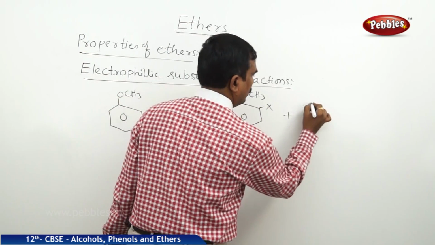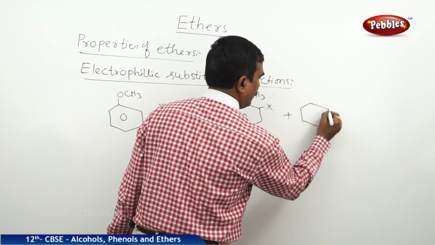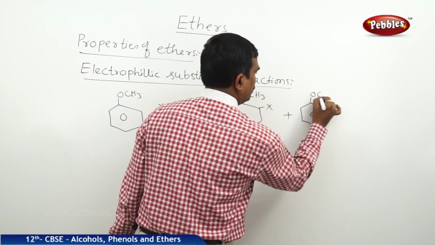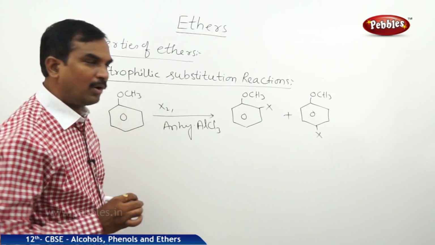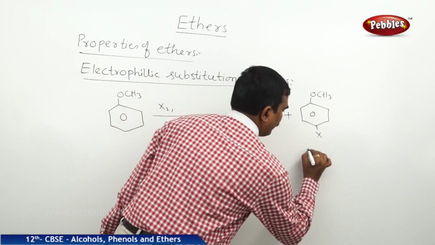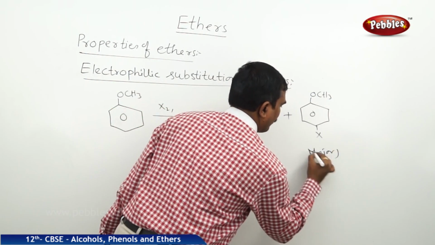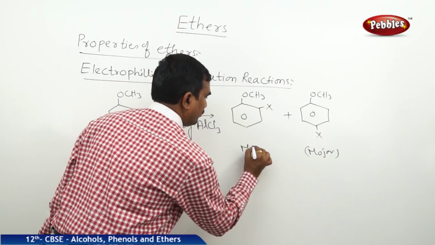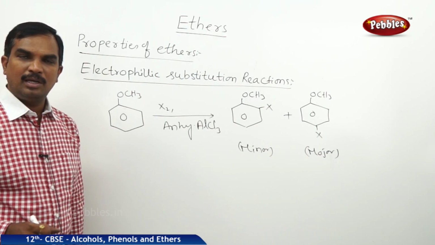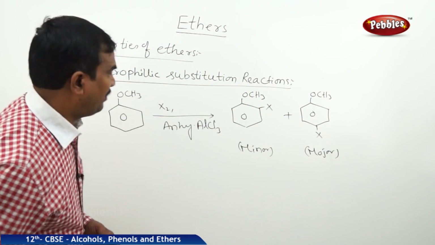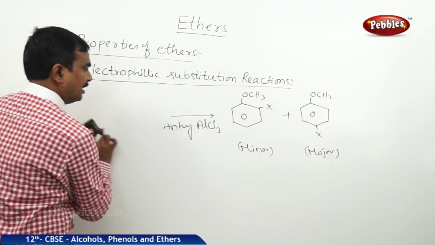Among these, the para product is the major. This is the minor product. This is halogenation. It also undergoes the Friedel-Crafts reactions.